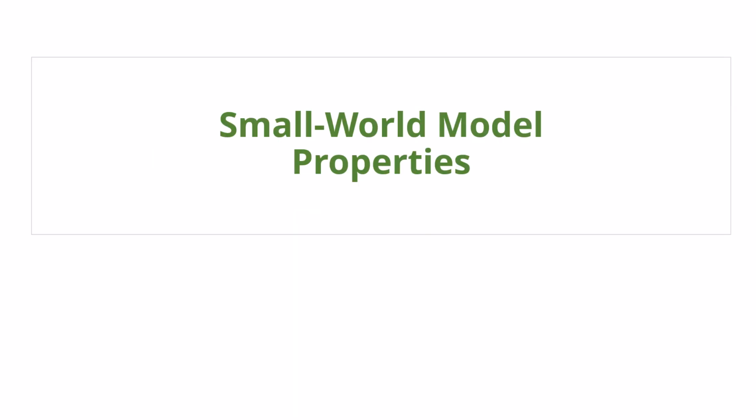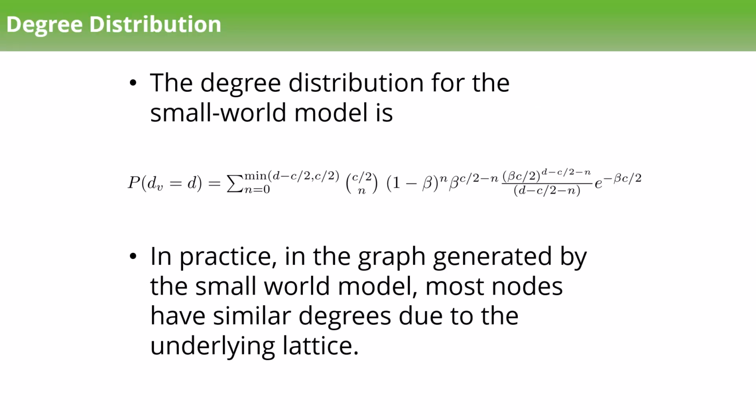So the next one is small world network properties. The main thing is regular lattice versus random graph. A regular lattice has high clustering coefficient and high average path length, but a random graph has low clustering coefficient and the average path length is relatively short.